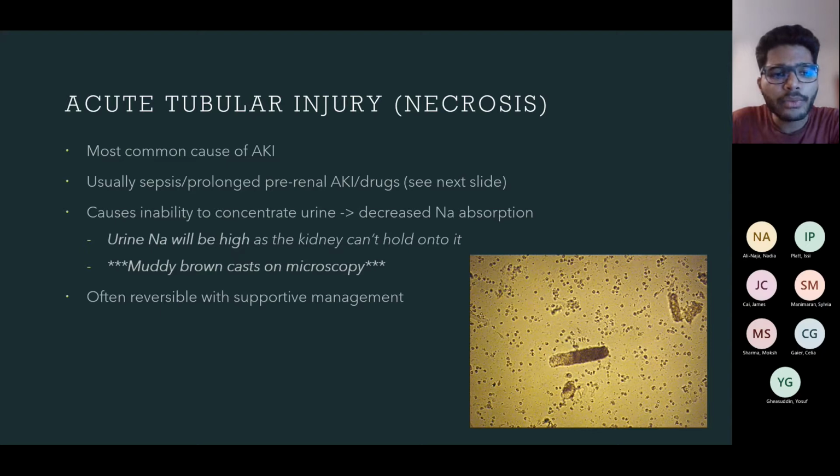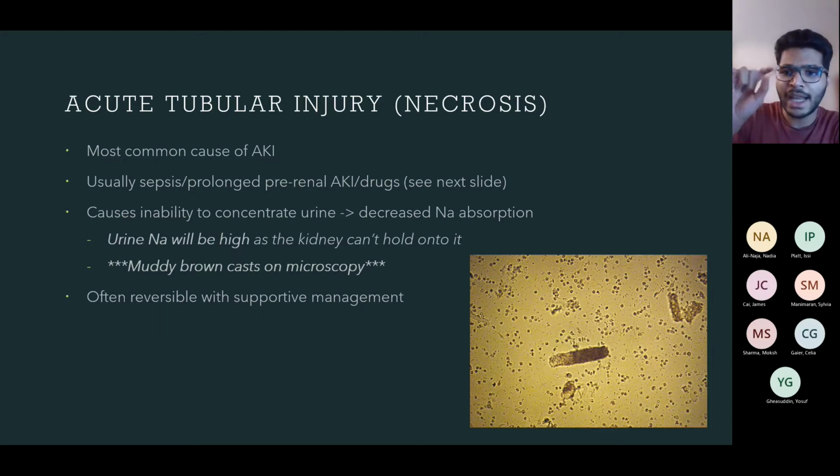Now, what's really important in terms of exams, I'm not sure about clinically, is that if you've got an acute tubular injury, there are certain things you can look for in the urine. So remember I said intrinsic AKI is usually a urine diagnosis. This is a muddy brown cast in the urine, and that's basically loads of dead cells from the tubules.